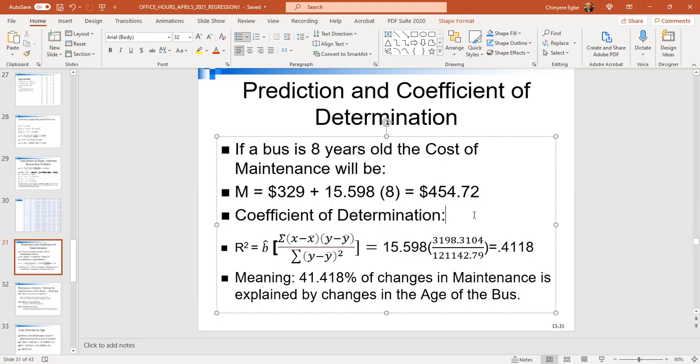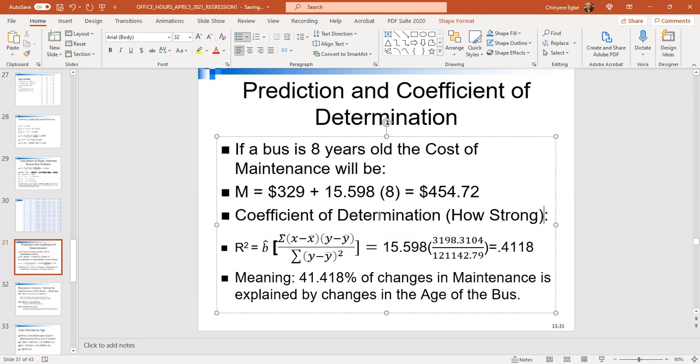And we have a formula called the coefficient of determination. It tells us how strong the relationship is. How strong is the relationship?